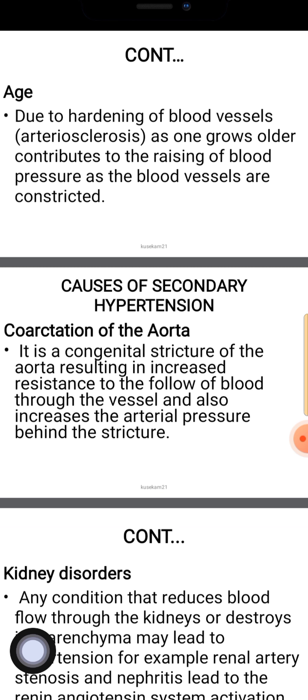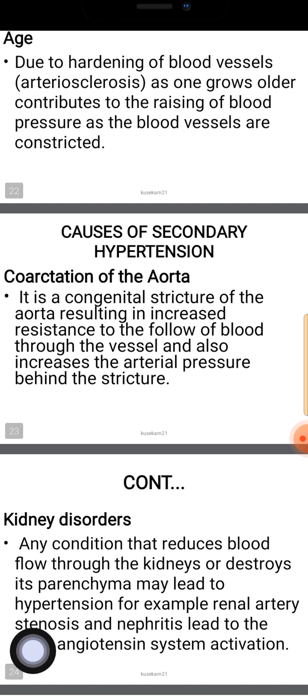So due to this age, it can predispose them to have hypertension. There may be hardening of blood vessels, and when the blood vessels are hardened, what will happen? Remember where we come from? We said the artery lumens will be narrowed, and when the lumens are narrowed, it means there will be an increase in blood pressure.